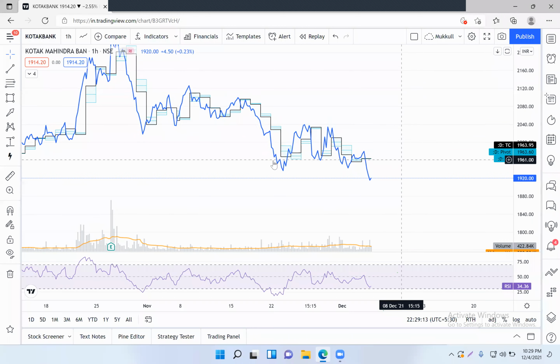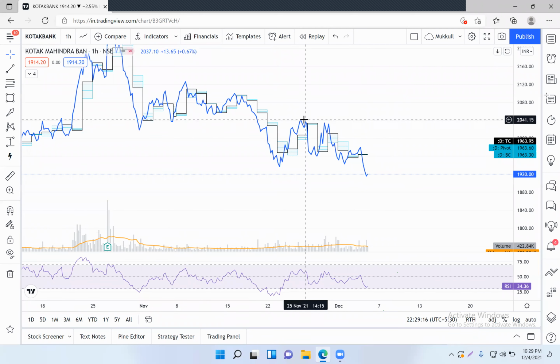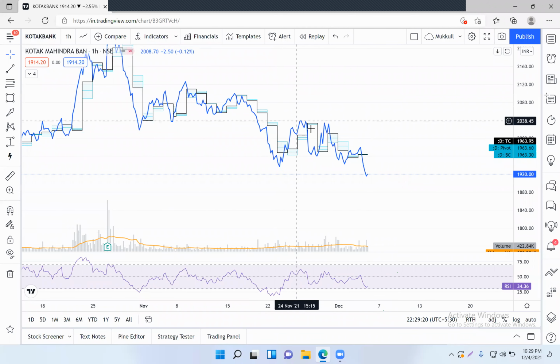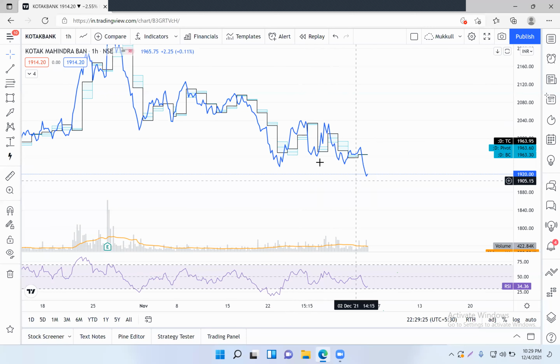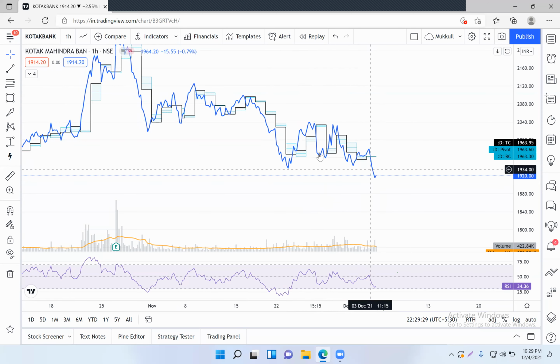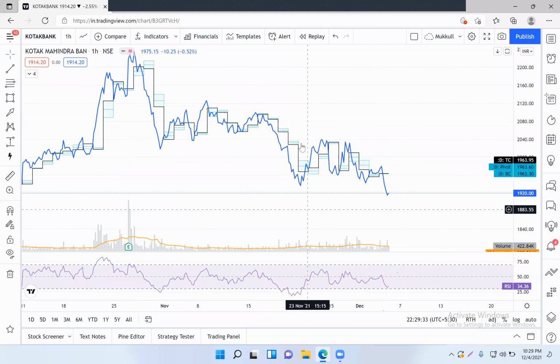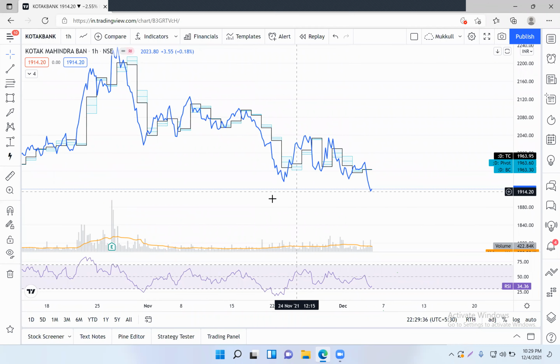This might also repeat now. Consolidate, fall, and if you see lower highs and higher lows formations. So just by seeing the chart, I don't know about the structure, how head and shoulders is formed, but just seeing the structure, it looks weak.